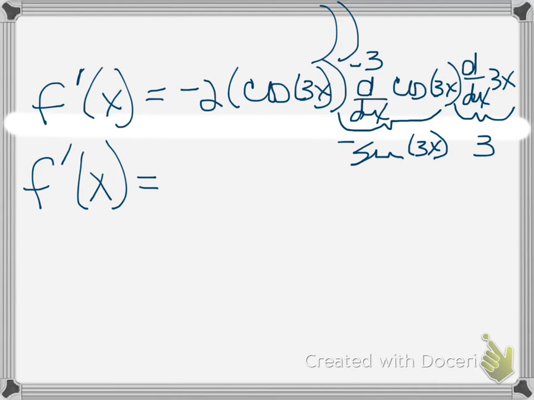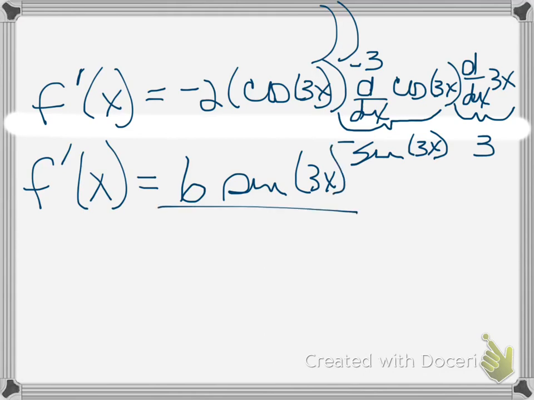The 2 times the 3 gives me a 6. So this is going to be 6 out here. I have sine 3x, and in the denominator I'm going to have cosine 3x, but that's raised to the 3rd power.